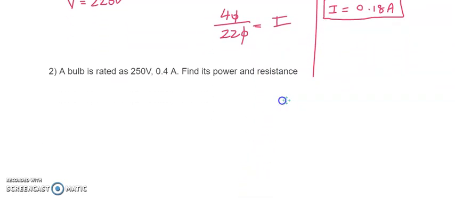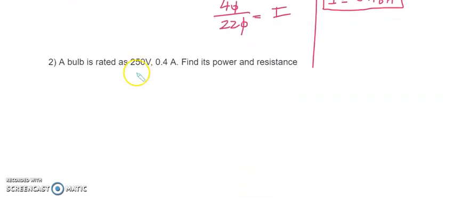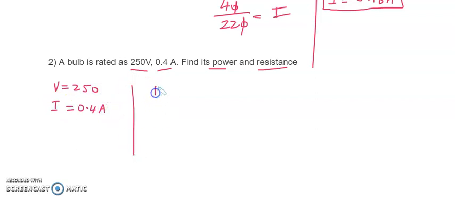The next question, they are saying the voltage is 250, the current is 0.4 and we have to find power and resistance both. So V is 250, I is 0.4. Okay, so power is V into I. That means 250 multiplied by 0.4, which is equal to 100 watt.